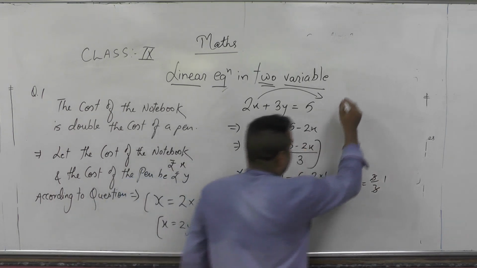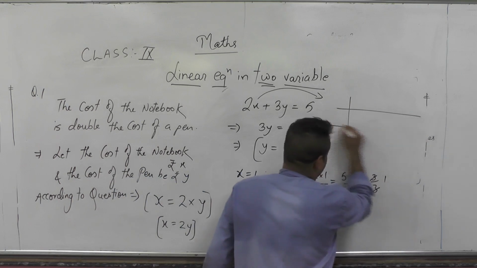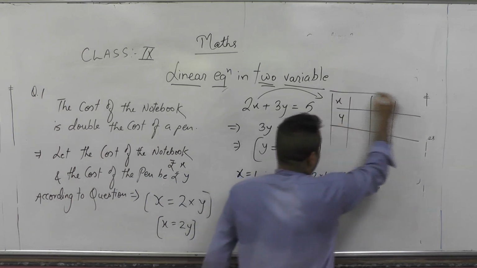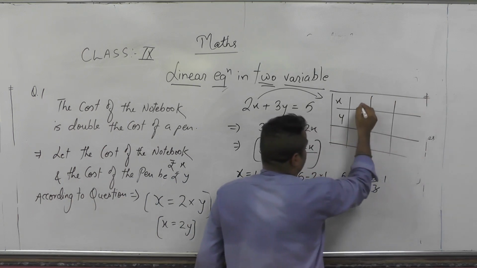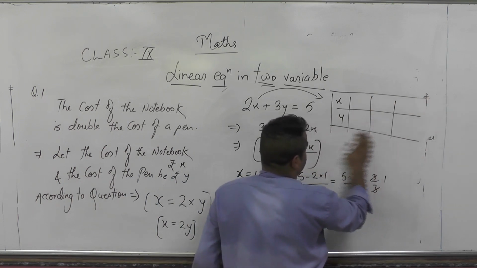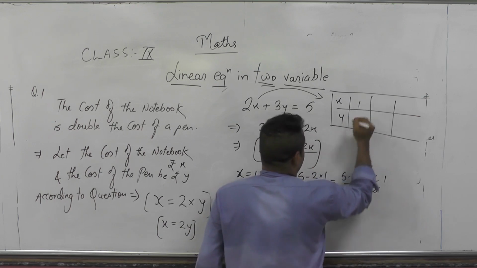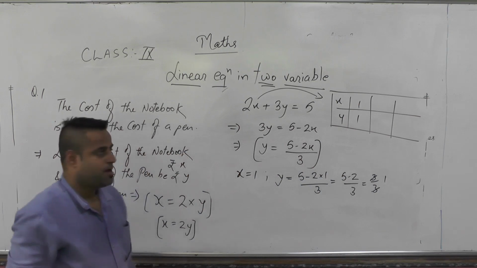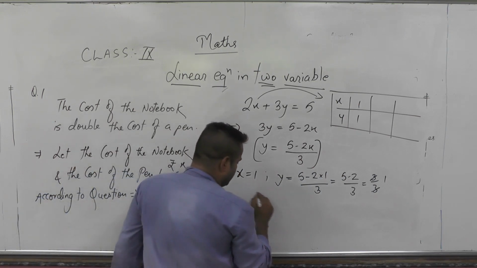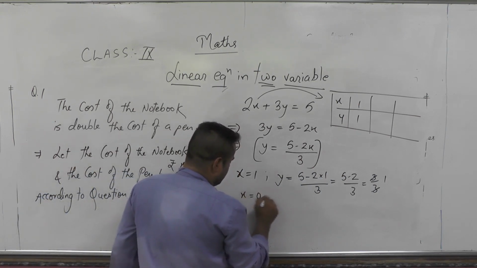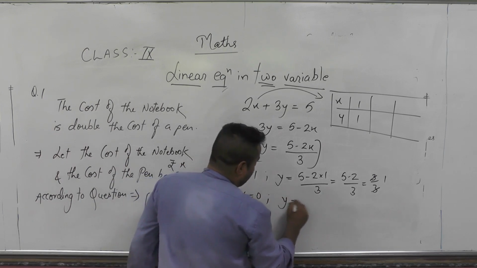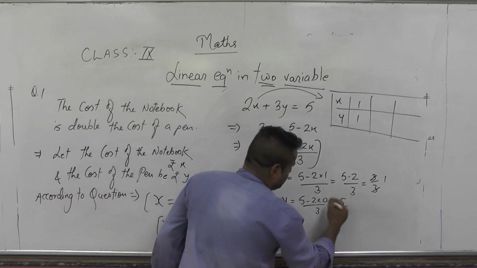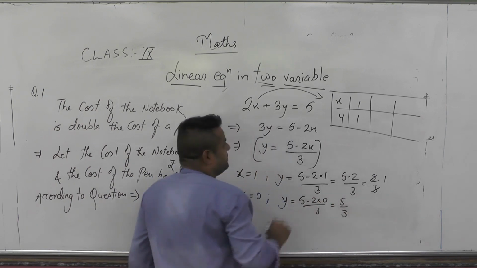Okay, so we can make a chart, a table, in which we keep the x and y values and see how they come. In the place of x we kept 1 and the value we got for y is 1. Again we are keeping another value, x equals 0 here. So our y will be 5 minus 2 into 0, by 3, that means 5 minus 0 is 5, by 3, that is 5 by 3.